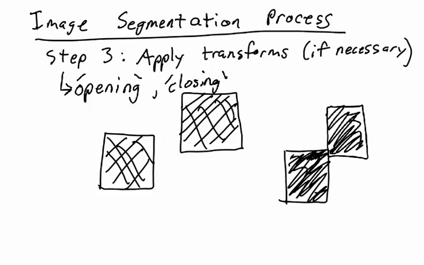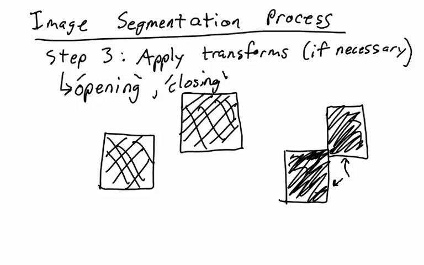In short, opening and closing algorithms cause objects to become either shrunken or expanded. An opening algorithm will cause each of these squares to become smaller, and so since both of these squares will shrink, that will cause them to no longer touch each other and they'll be separated.